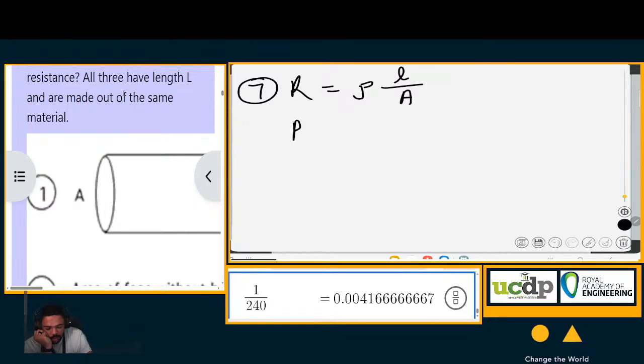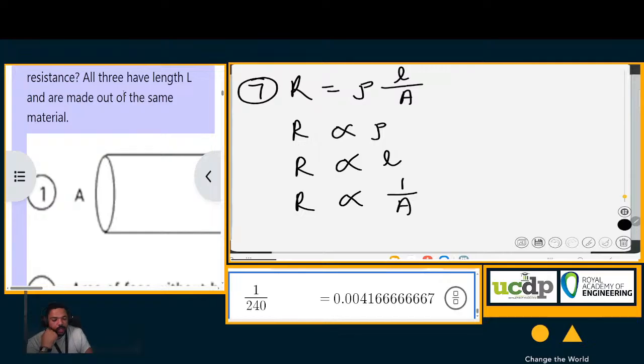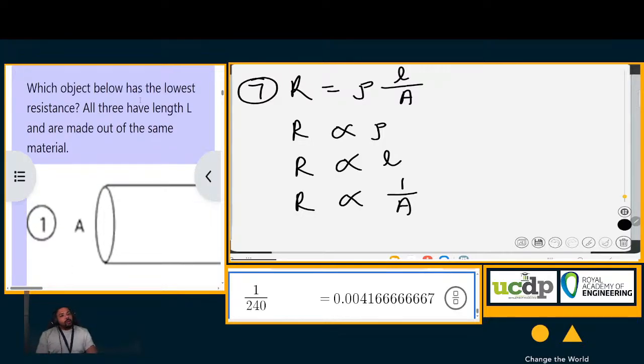Therefore, resistance is directly proportional to the length, but it is inversely proportional to the area, directly proportional to the inverse of the area. So, which object below has the lowest resistance?